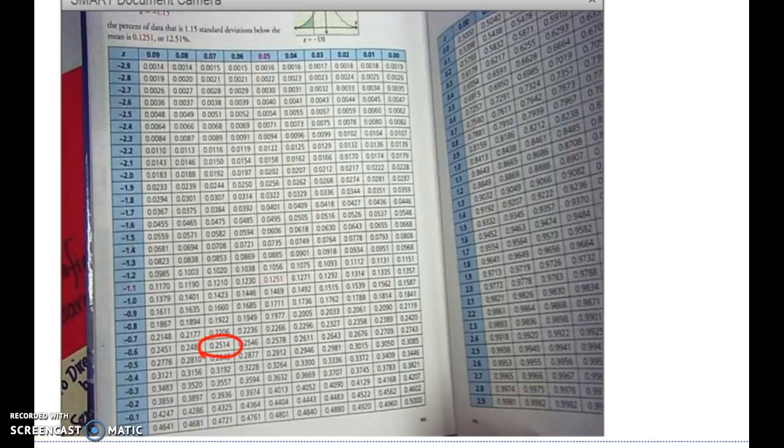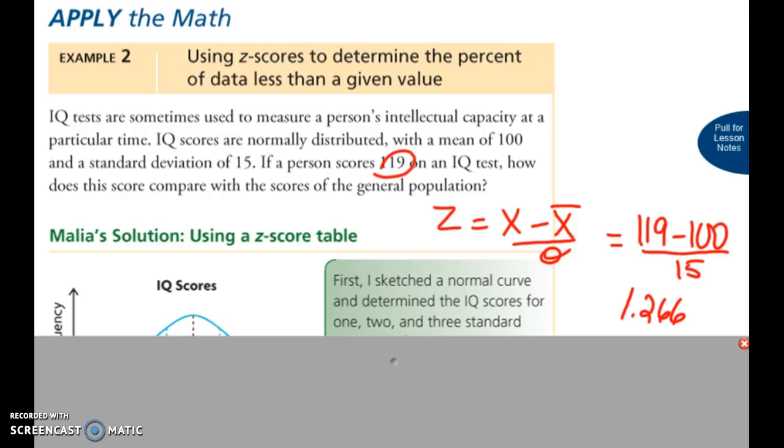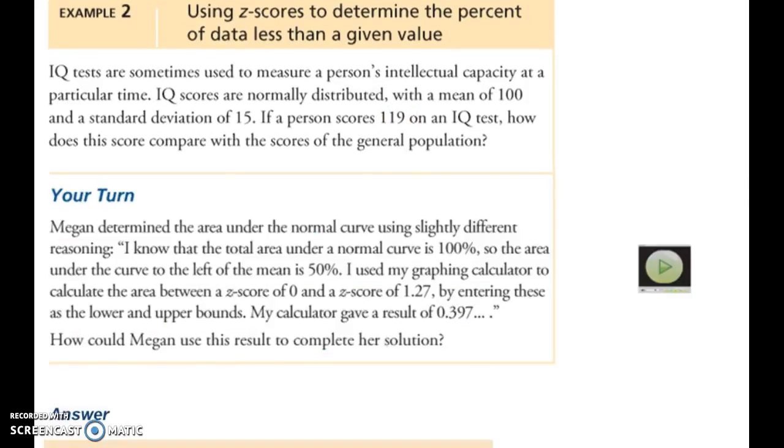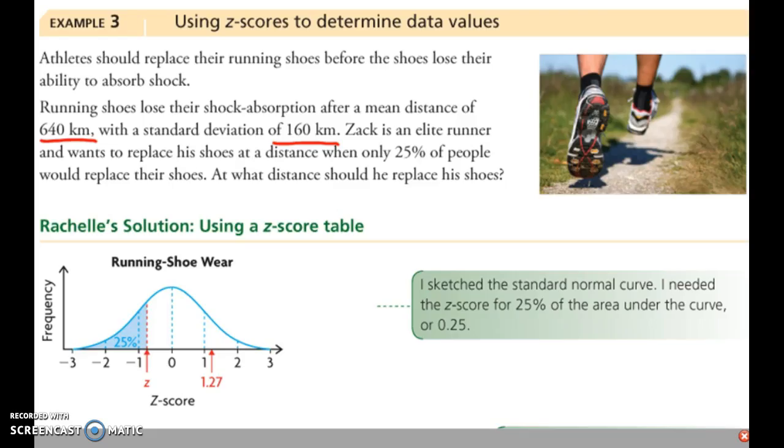Okay, so at negative 0.67, that's where the 25% shows up. So we're going to use that value in our z-score. So our z-score, we just said, was negative 0.67, because that's 25% of the people.